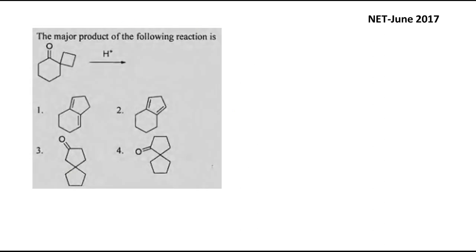Major product of the following reaction. Here we have a 6-member ring and a 4-member ring. But as you have H plus and there is oxygen, this oxygen will obviously be protonated. Once it is protonated, positive charge, 6-member ring, and there is a 4-member ring.